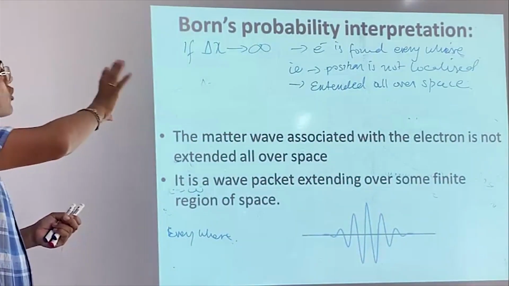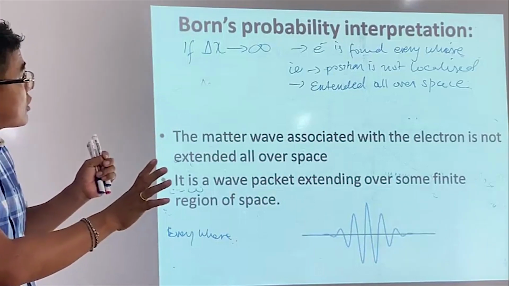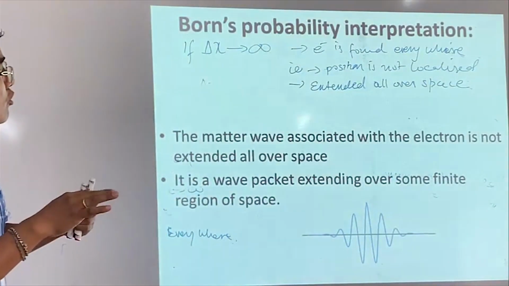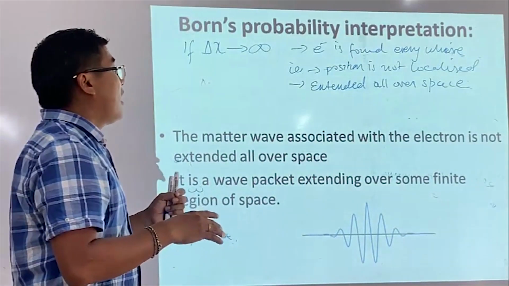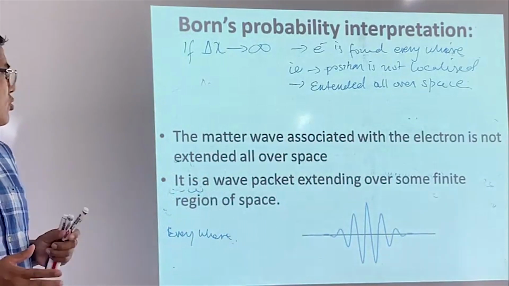If it were so, then the Born probability interpretation would say that the electron is found everywhere, that its position is not localized and the electron is extended all over space, which is not true.